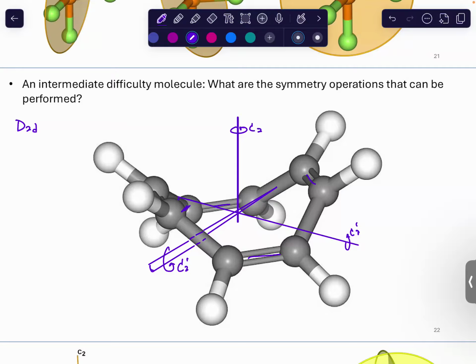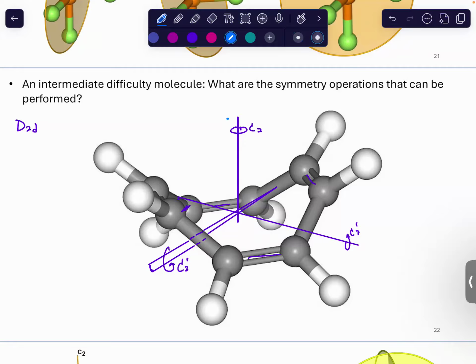Now, those are our rotation axes. Do you see any versions of a sigma V? Could I go that way, like cut down the way? Can't I just go that way? Yeah, and you can do another one perpendicular to it. So let's see, what can I do here?